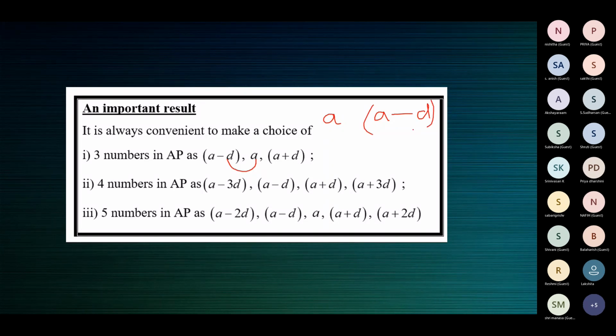This is a term, this is its preceding term. The difference between any term and its preceding term should be a constant. So on working this out, we get D. So the difference between this and this is D. Now you must get the same thing here.